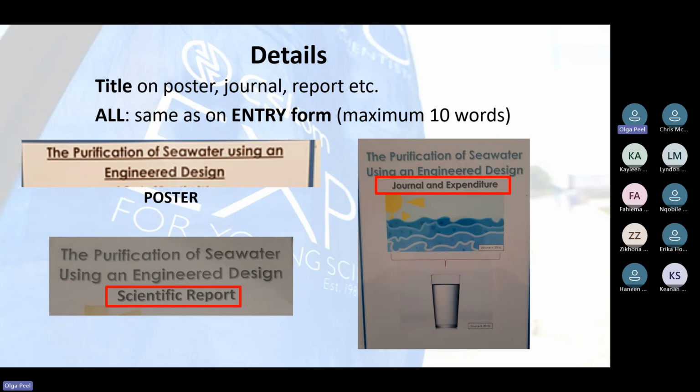Now, the learners right now are filling in entry forms with your help, teachers. And the idea is they're filling in a title of a maximum of 10 words. That title is the same on the entry form and the poster and the report and the journal. Please encourage your learners about this, or tell them.